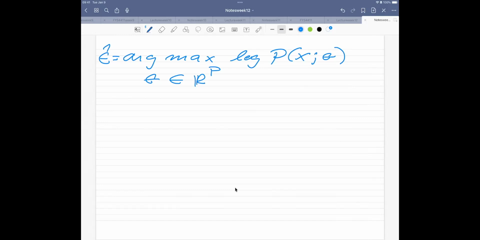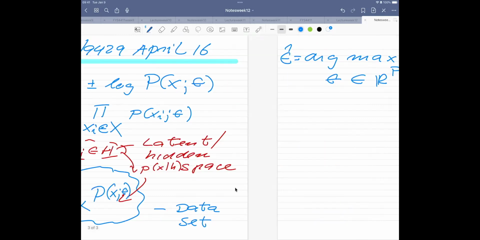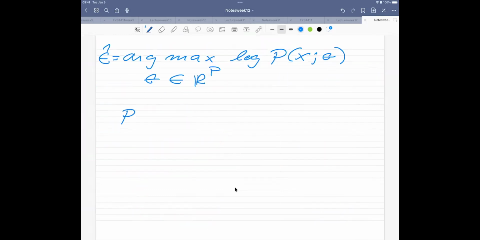Now, what we have is a model for this probability distribution. So these individual ones, which we put up here, the basic model is that we have a P X of I of theta. This is what we want, but this is something which we would compute from the probability which also defines the hidden or latent variables.